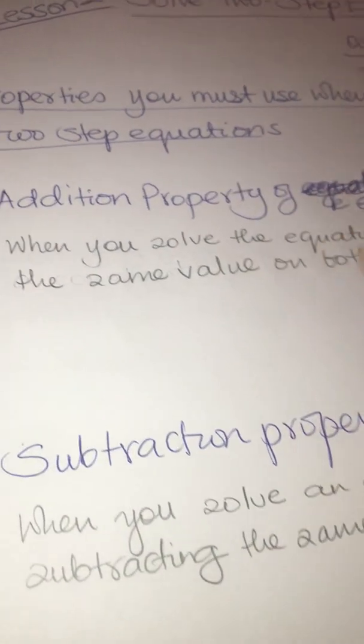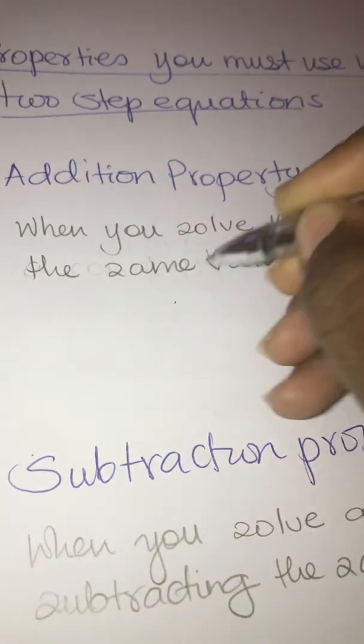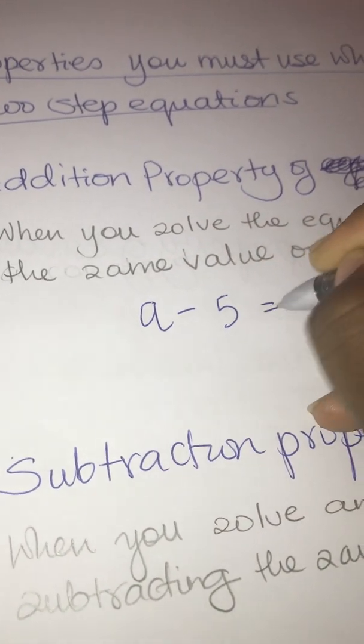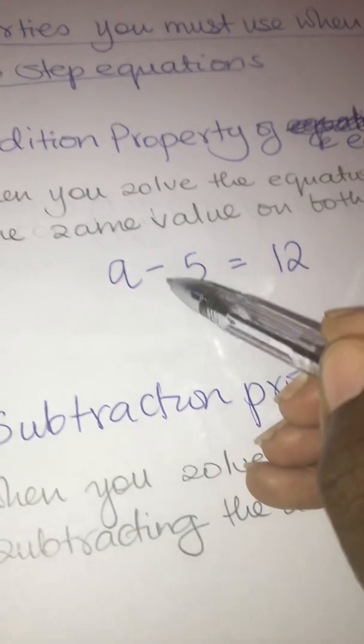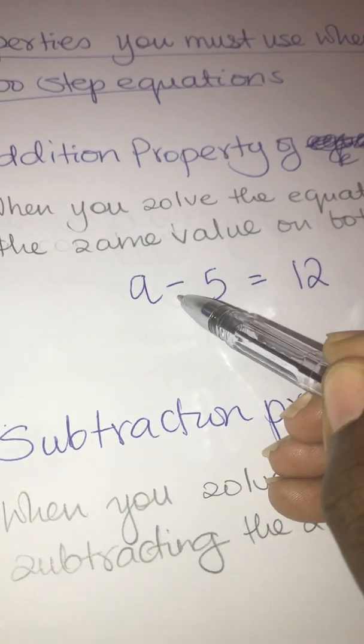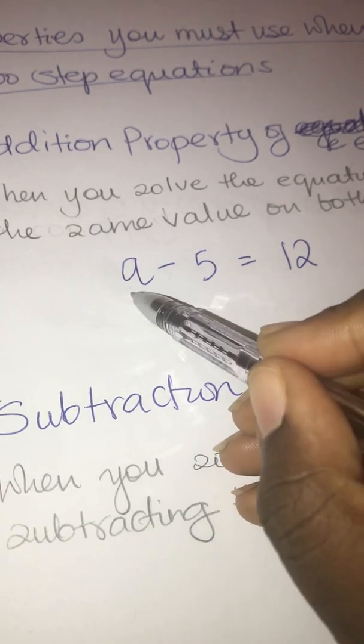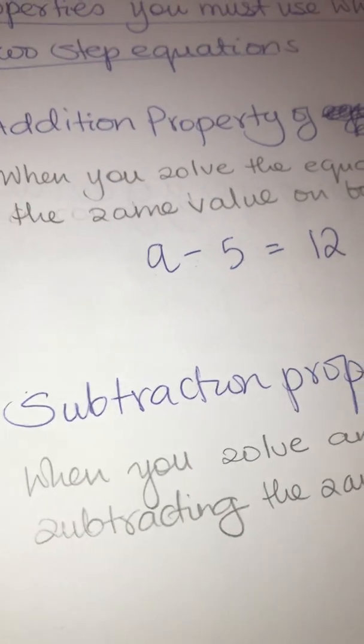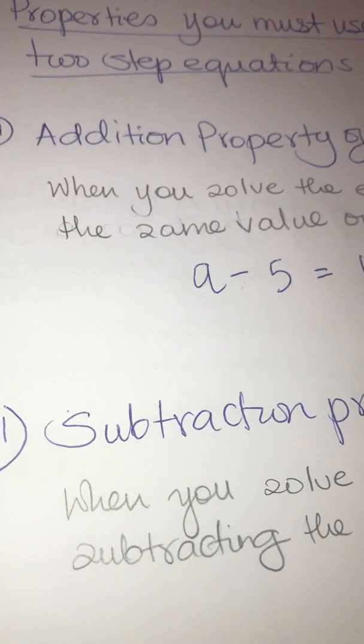What do I mean by that? So I will write a minus 5 equals 12. The minute I see subtraction between my variable and a constant, then I will apply the addition property of equality.